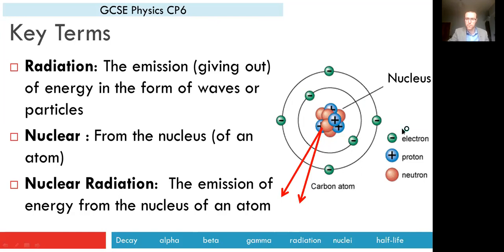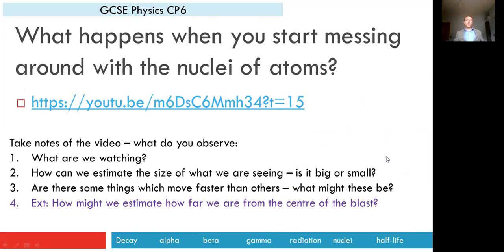Okay, just going to move you down a little bit. Let's move on. I want us to look at what happens when we start messing around with the nuclei of atoms. Okay? There are very, very strong forces which keep the nucleus of an atom together.